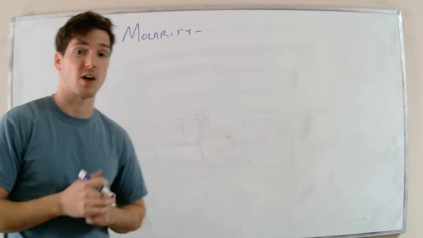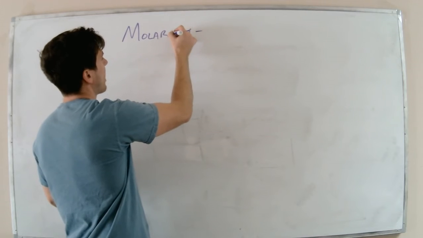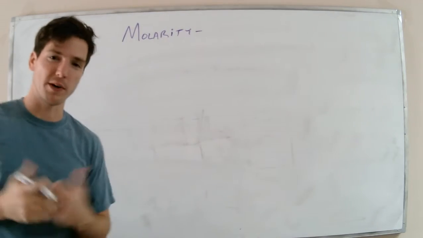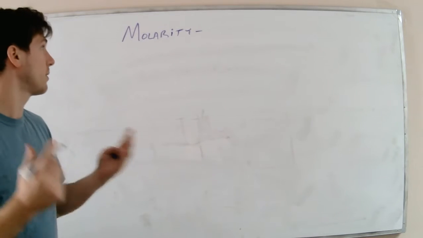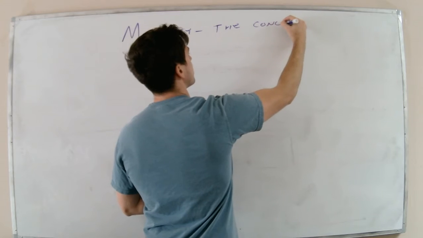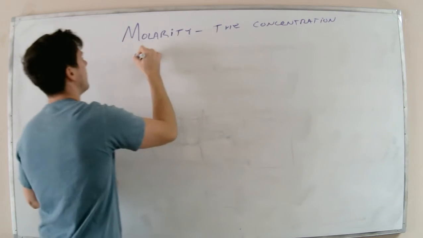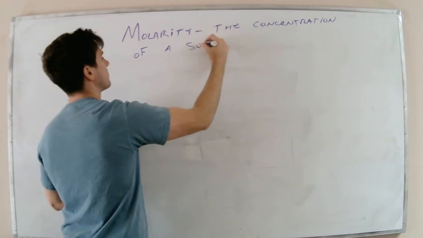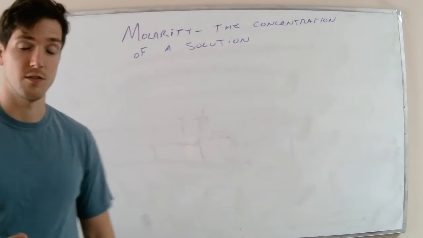So the next thing I'm talking about is something called molarity. It is probably one of the most common and one of the most important aspects of chemistry. Well, what is molarity? It is the concentration of a solution. Okay? It's just a fancy word for concentration, right?